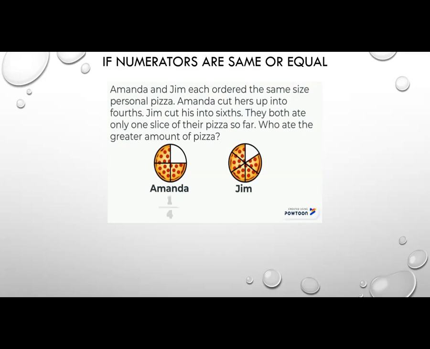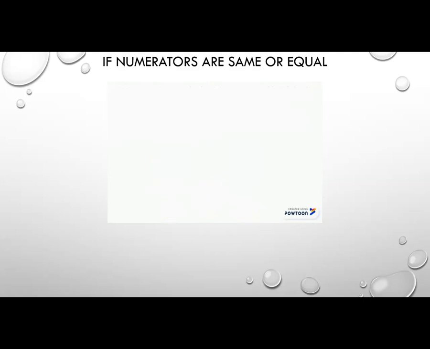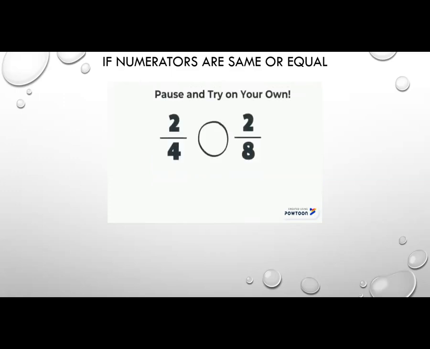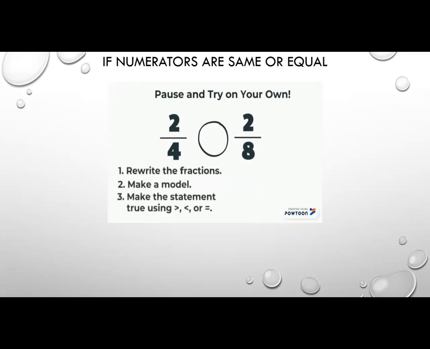If we look at these pizzas, we can see that Amanda has eaten more than Jim. Amanda cut her pizza up into less pieces that are bigger than Jim's. 1/4 is bigger than 1/6. We can read this comparison sentence as 1/4 is greater than 1/6. Now get ready to pause and try this one on your own. Remember to first rewrite the fractions, then make a model, and finally make the statement true using a greater than, less than, or equals to symbol.